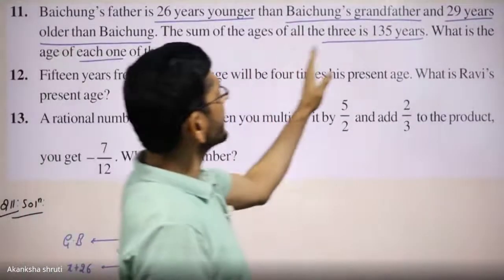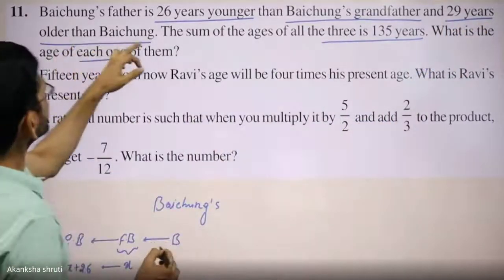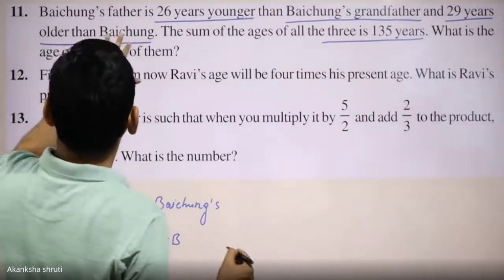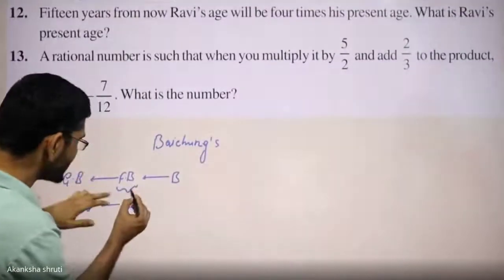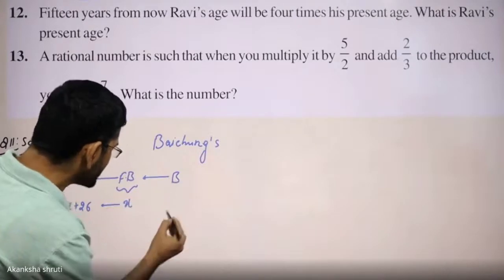The next is 29 years older than Bechung's. Means Bechung's father is 29 years older than Bechung's.